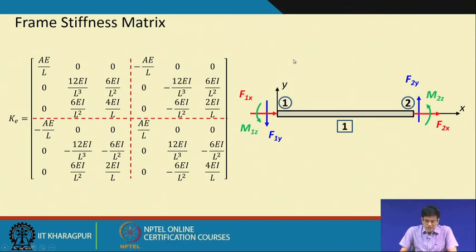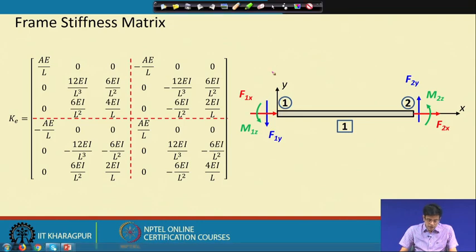And essentially we find out the 6 cross 6 stiffness matrix. So, now in case of a 2D frame, what will be the size of the stiffness matrix?